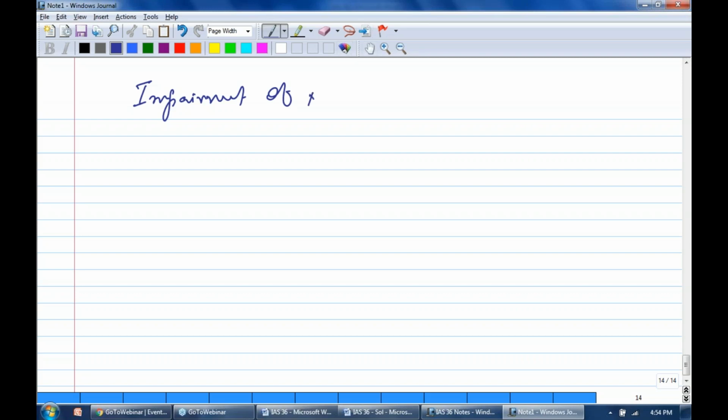Impairment of non-current asset with revaluation reserve. Whenever we book the impairment loss, we have to consider in accounting whether we have any revaluation reserve of that particular asset.